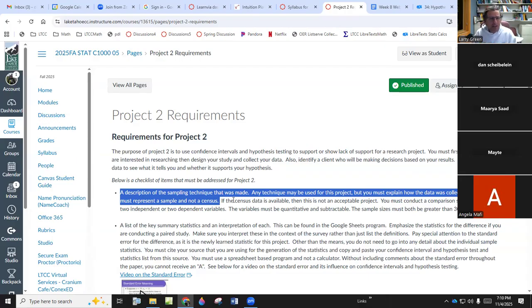The other thing that's different about this project is that it's not a requirement that you have a survey asking people. You could actually collect data. So, for example, let's say you wanted to find out whether it's colder, maybe it's colder in Mammoth than it is in Tahoe.